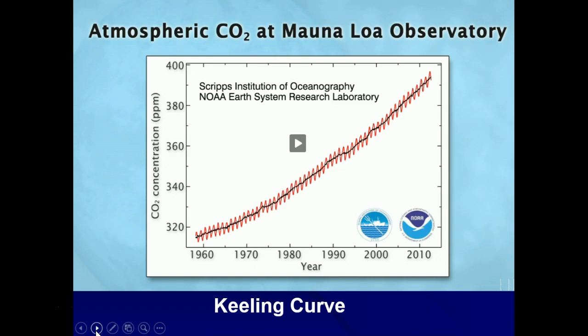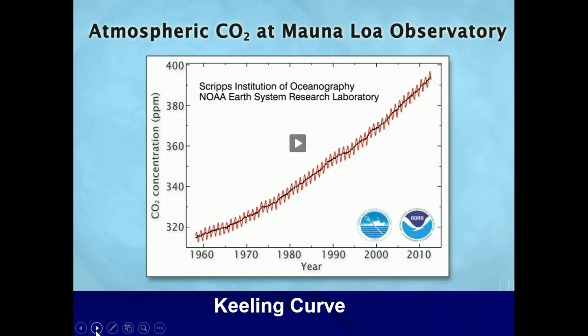So what's happened over time is that we measure it in parts per million. If we go back to the 1950s, we'll find that it was below 320. In fact, we think that around the start of the Industrial Revolution, the parts per million was 270. When we started burning a lot of coal, and then later oil, and then later natural gas, we increased the carbon dioxide concentration quite a bit, starting at about 270.